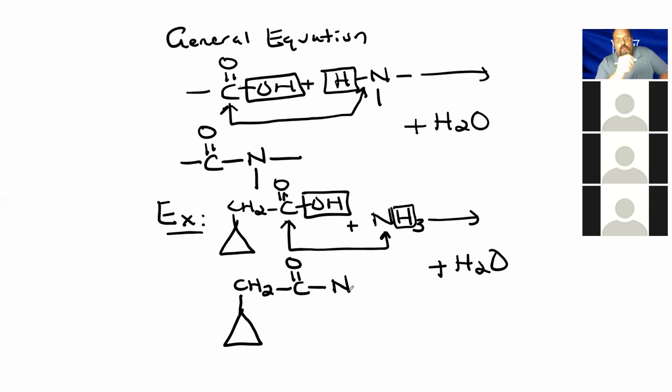And when I take off one of the hydrogens from the ammonia, how many hydrogens are still attached to the nitrogen? There's 2. So we could write that as NH2. And that's the structure of the amide that would form here. So that's one example. Okay. Let's take a look at one more example.